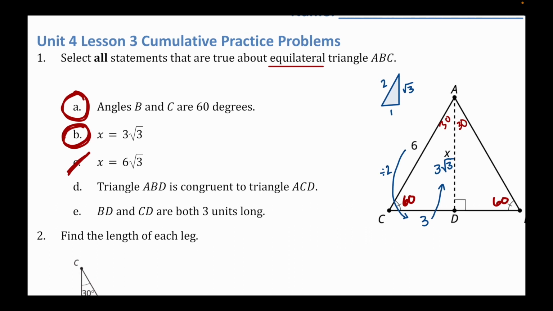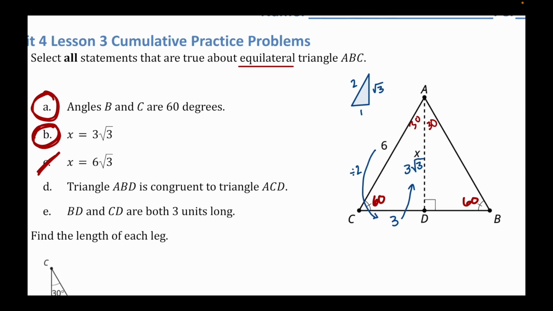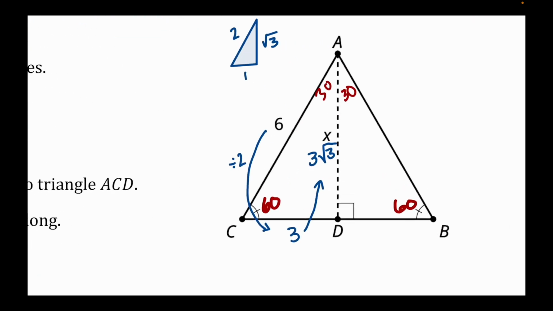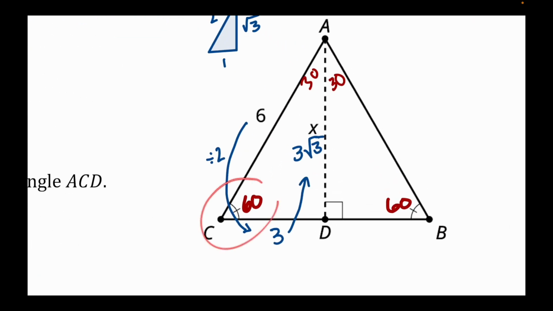Then we have D and E. D says that triangle ABD, that is this one here on the right, is congruent to ACD, which is this one here on the left, and that's going to be true. I don't necessarily have to write out the reason why, but we can see that they would both have right angles. They're both going to have 60-degree angles that we're told are congruent.